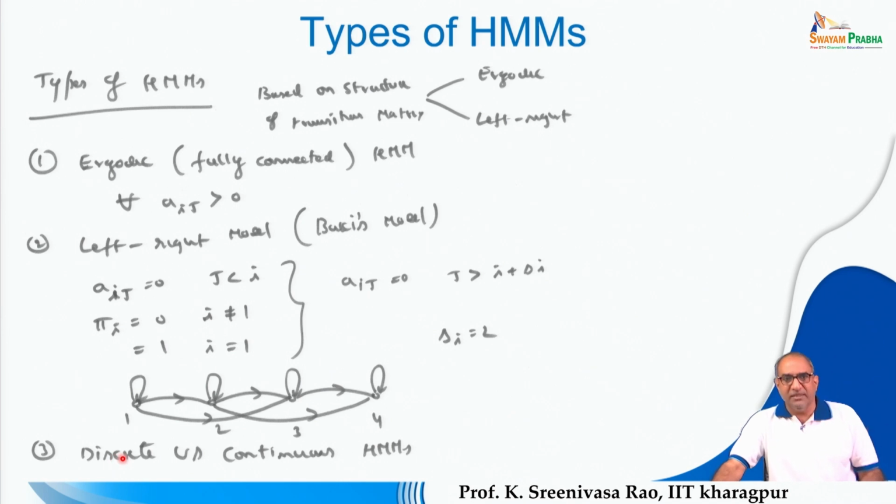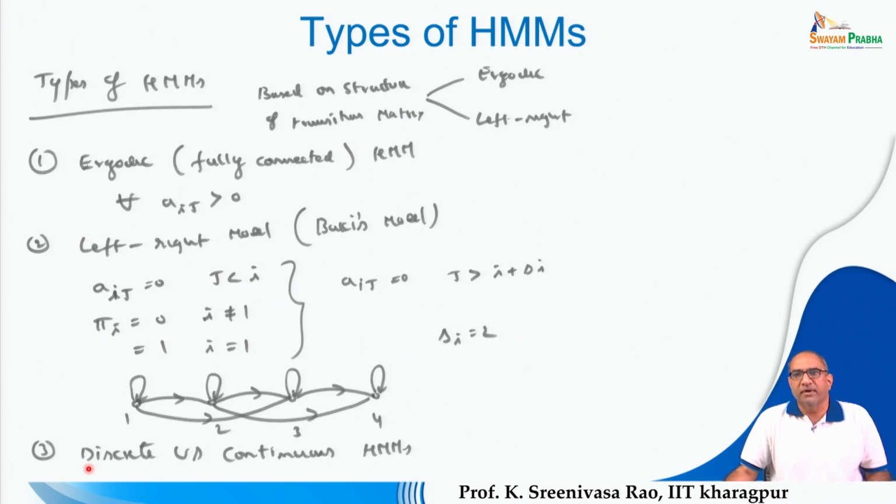And again in HMMs, whatever we have discussed so far are discrete HMMs. It means that the observation sequence is drawn from a finite alphabet or a finite set of symbols, right. Even though we are modeling speech using HMM, the spectral vectors extracted from a speech signal are continuous in nature. To make it discrete we pass these continuous spectral vectors through a vector quantization codebook, and based on the size of the codebook, the number of symbols is limited.